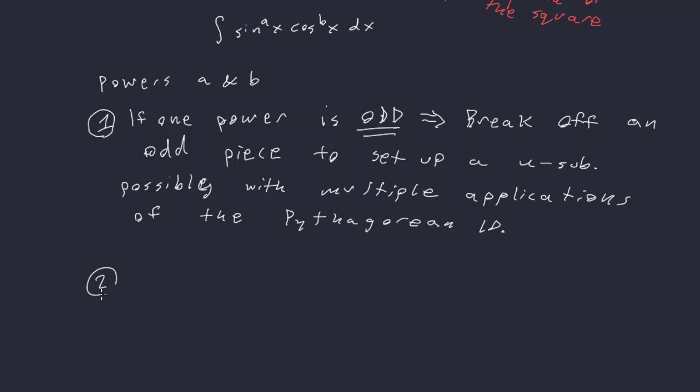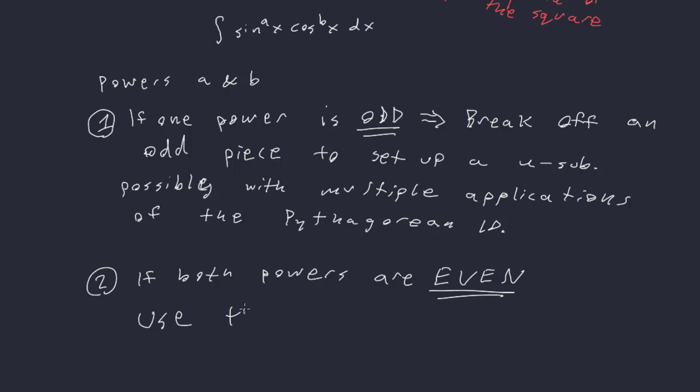And our second possibility is the worst one, if both powers are even, then our only course of action is to use the half-angle identities multiple times until it reduces down into something we can integrate.